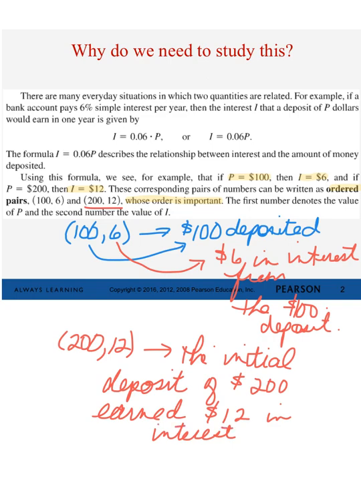And it doesn't tell us that $12 was deposited and then $200 was interest, because that would be the wrong order.